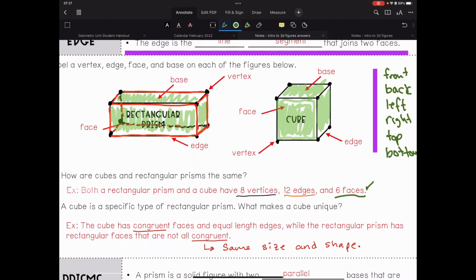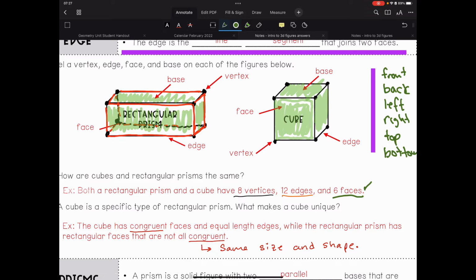So just going back to the cube here, this front face here is the same size and shape as the back. This right side here, the right face, is the same size and shape as the front and the left side. In fact, every face is the same exact size and shape. On the rectangular prism, however, that's not true.